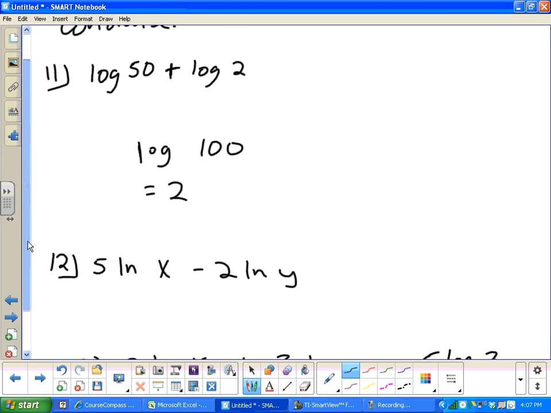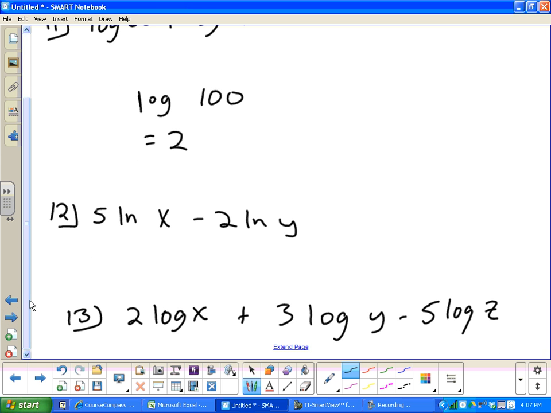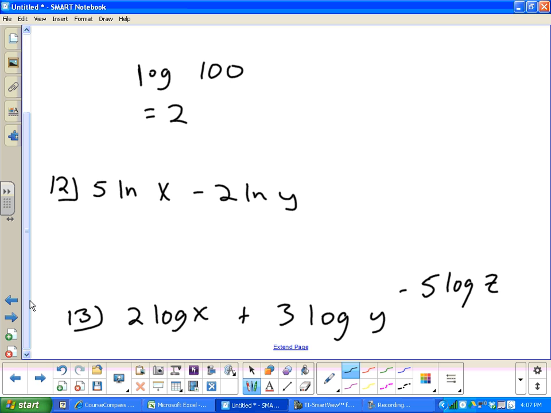Now number 12, in this case we've got some natural logs. It really doesn't matter that they're natural logs. We can condense them just like they were normal logarithms or common logs. Now, notice in this one we've got the subtraction, so we're going to change this to division. But one thing that we need to do first here, if we're condensing, we've got to follow the order of operations. So we're going to use the power property first.